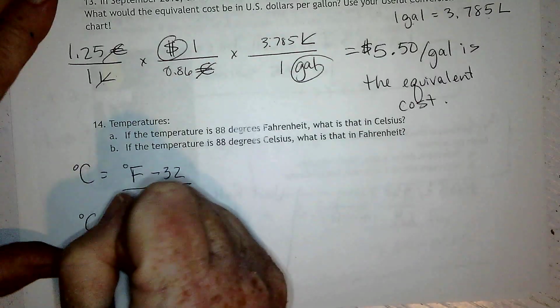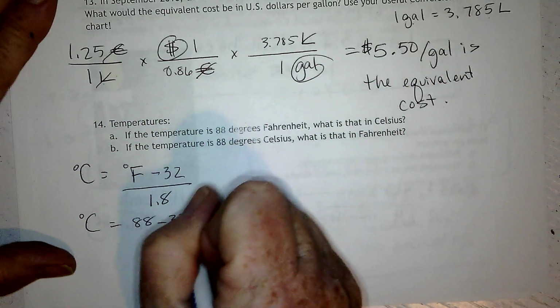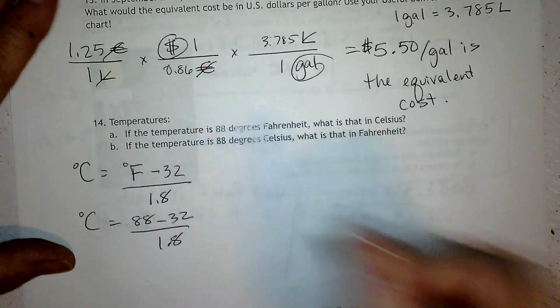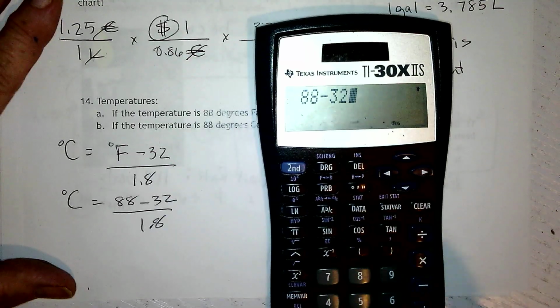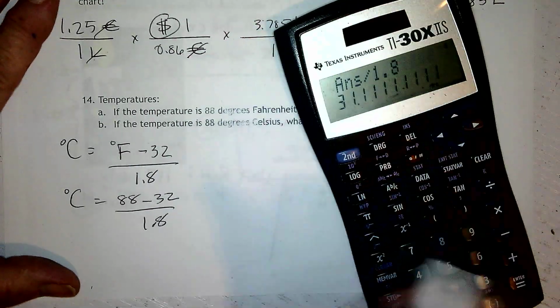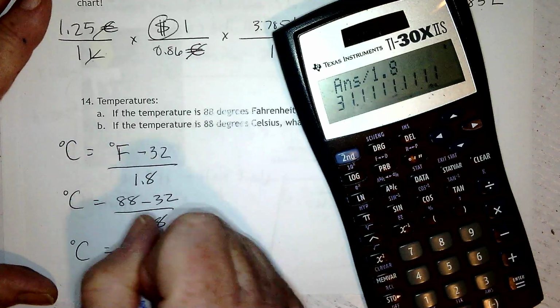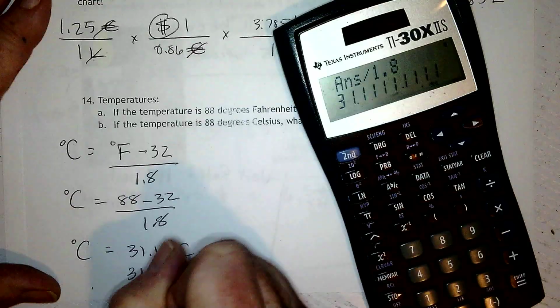So it's 88 minus 32 over 1.8. Be careful putting this in your calculator: 88 minus 32 equals, and then divide by 1.8, and that's 31.11 degrees Celsius, rounded to one decimal place.